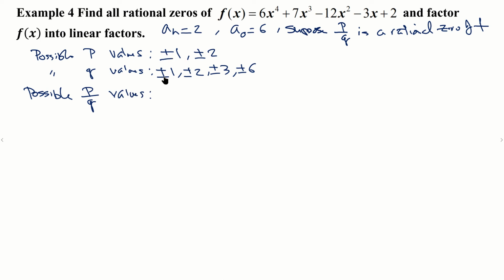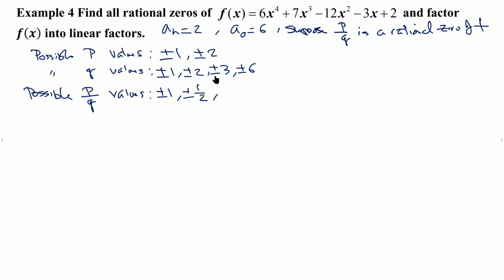You have two choices here. So first take care of the quotient of the first number 1, in both positive and negative form, by each of these, right? So positive or negative 1 divided by positive or negative 1 gives you positive or negative 1. Positive or negative 1 divided by positive or negative 2 will give us positive or negative 1/2, right?